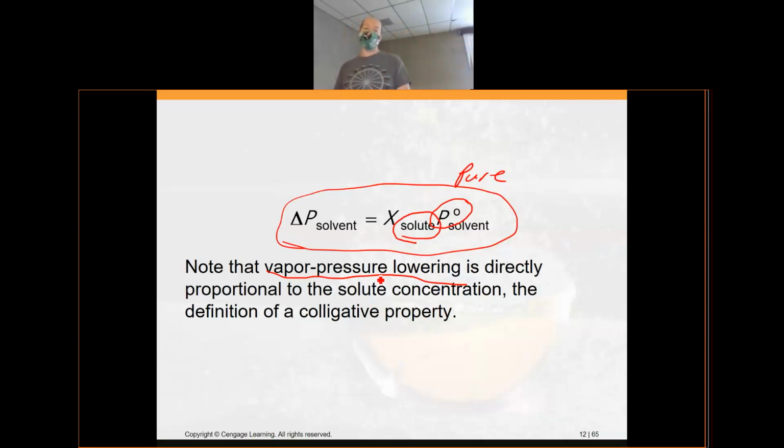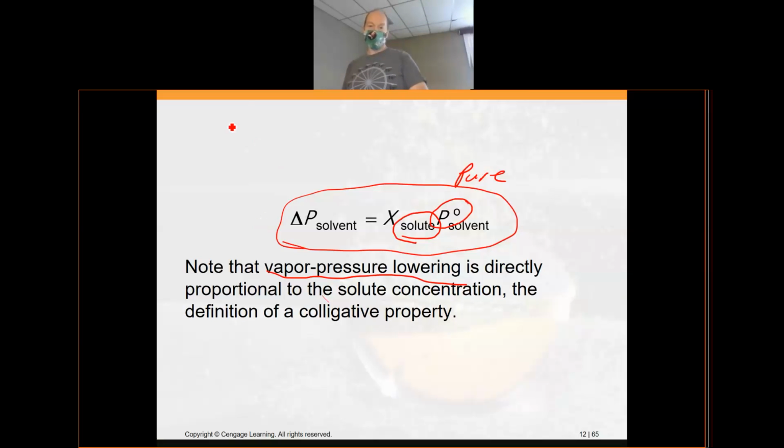It's only the solvent. And so that circle means that it is a pure solvent. What you're going to find then is your vapor pressure lowering, how much the vapor pressure goes down. Anytime you add a solute to a solvent, the vapor pressure will always go down. There's no vapor pressure raising. It is always lowering the vapor pressure.